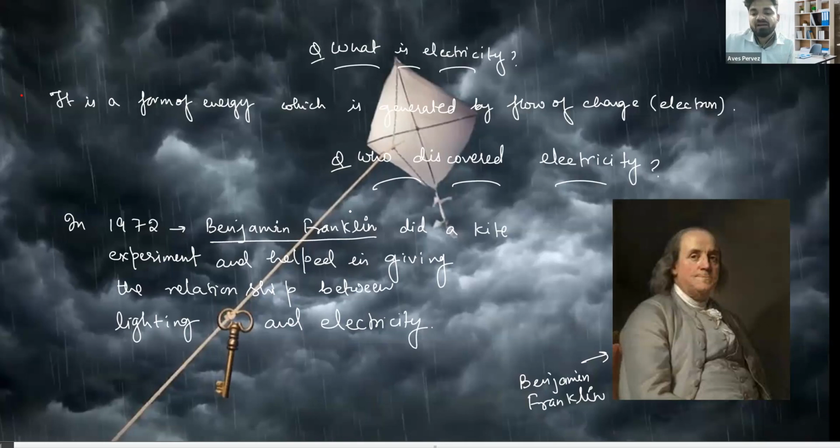But Benjamin Franklin proved that lightning occurs due to the mixing of positively charged clouds. In 1752, Benjamin Franklin did a kite experiment and helped give the relationship between lightning and electricity. Please note it down.